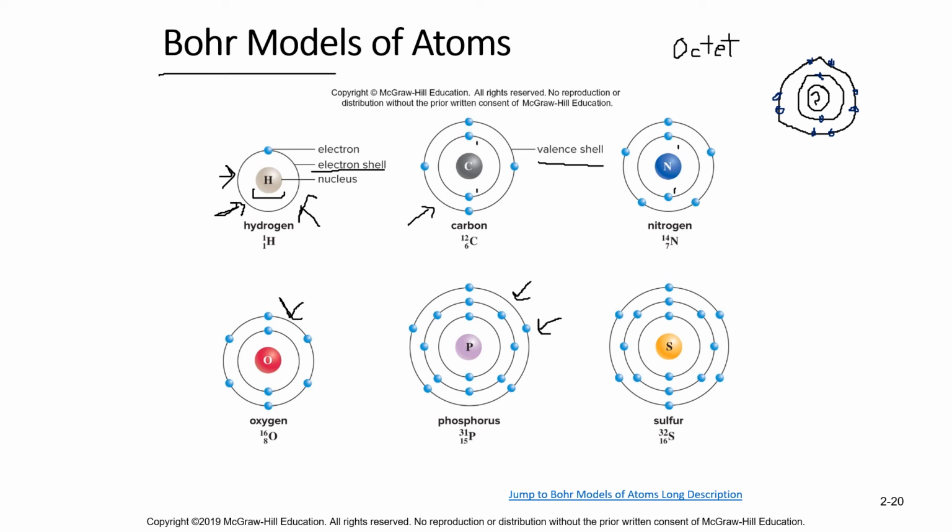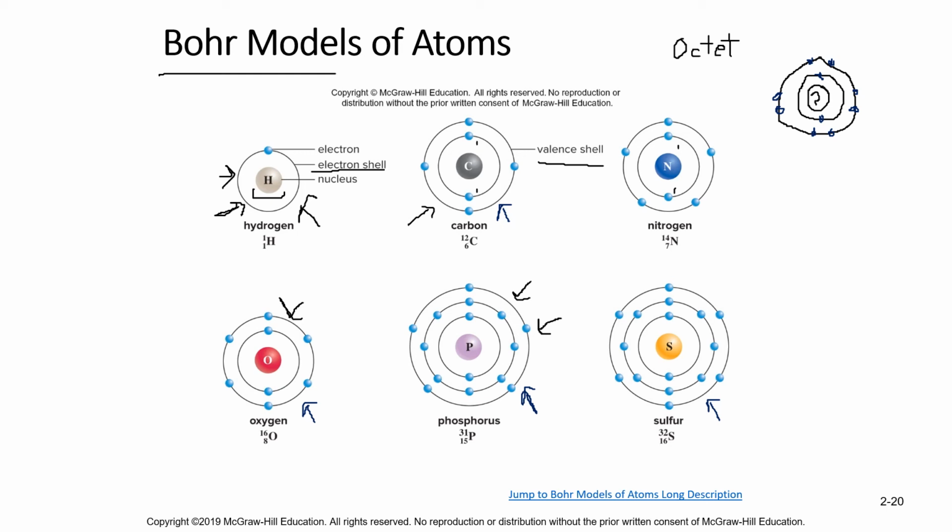All these others, carbon has 4, nitrogen has 5, oxygen has 6 in its valence shell, phosphorus has 5 also, and sulfur has 6 also. But something like chlorine would have 7 in its valence shell. All those are reactive because their valence shell is not complete.